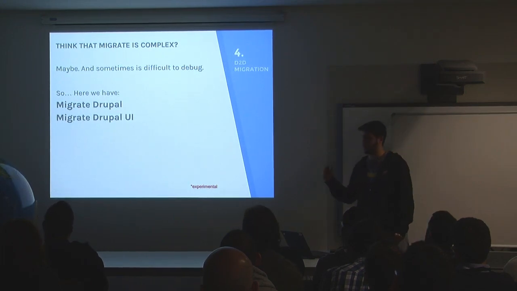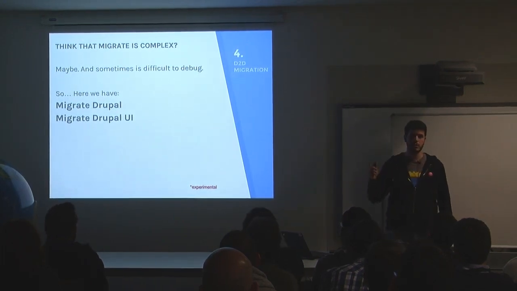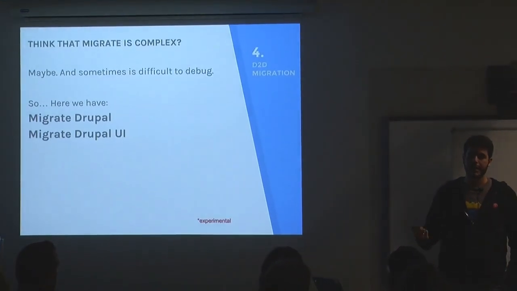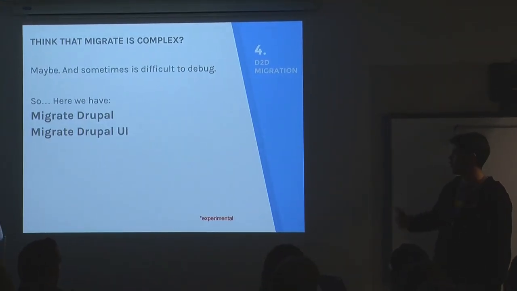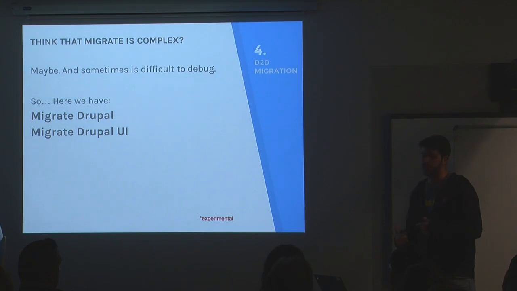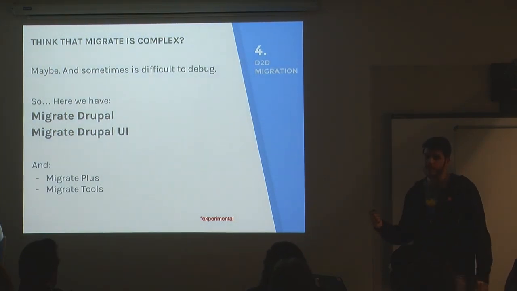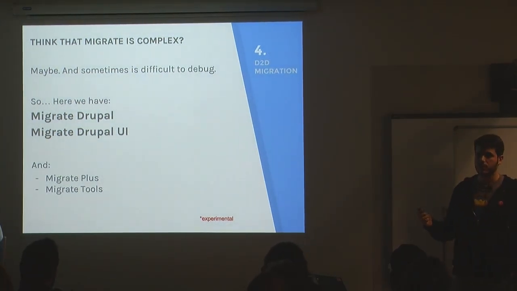So here we have migrate Drupal and migrate Drupal UI. This is the way Drupal gives us to migrate some Drupal 7 or Drupal 6 to our Drupal 8. But you need Migrate Plus and Migrate Tools.